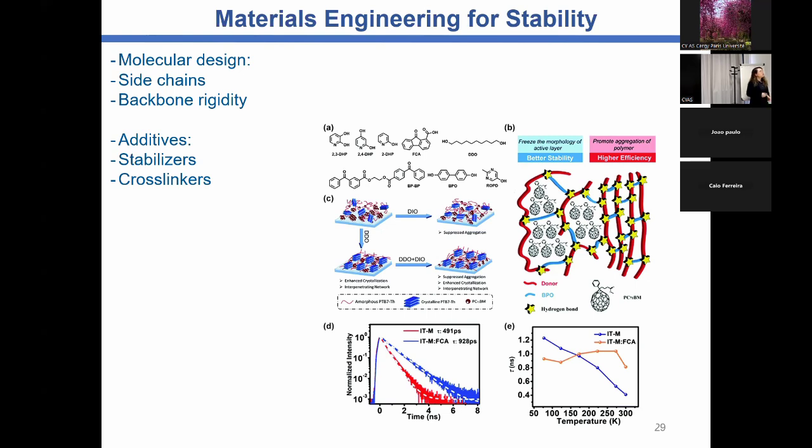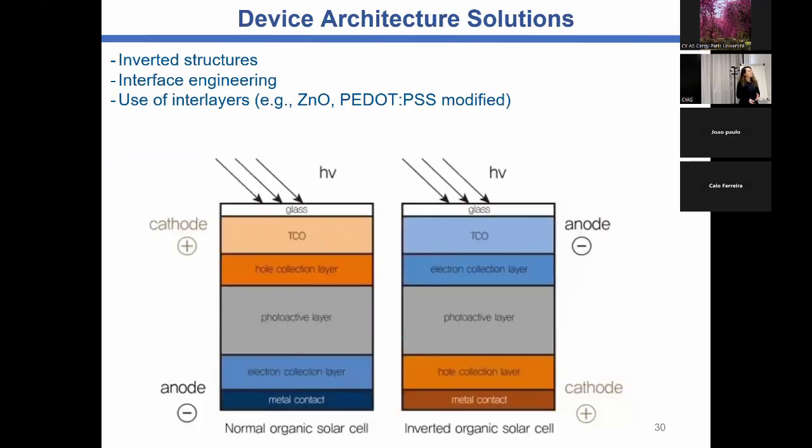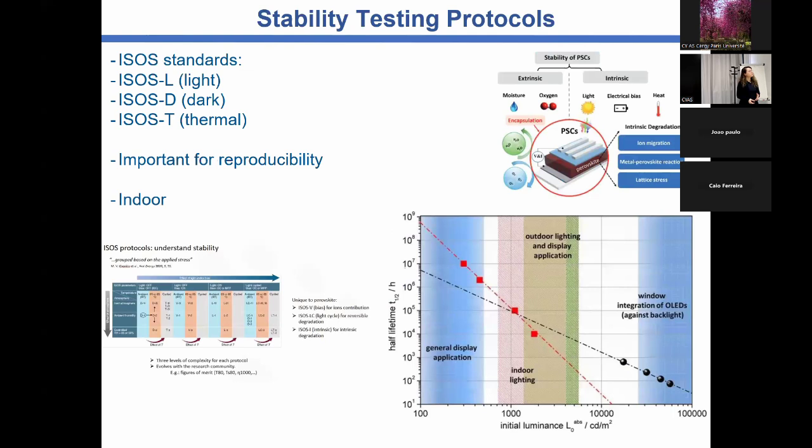Additives also can work as stabilizers, or cross-linkers, but it's hard because sometimes the additive can induce a reaction with the oxygen or water, for instance. So it's quite a challenge.